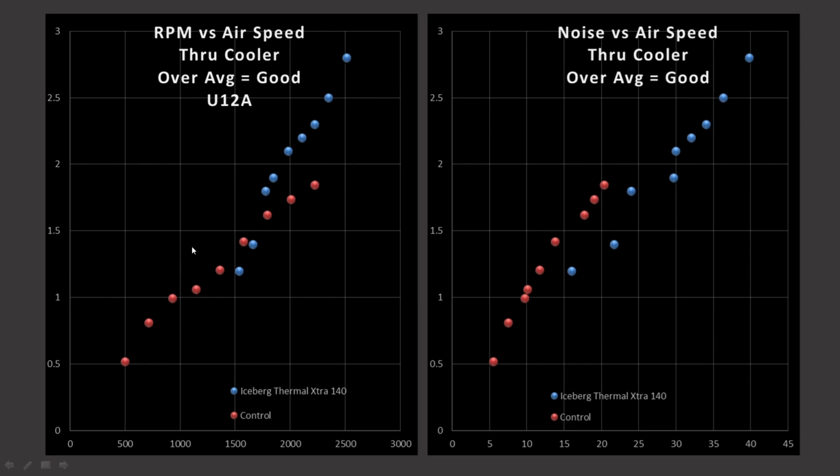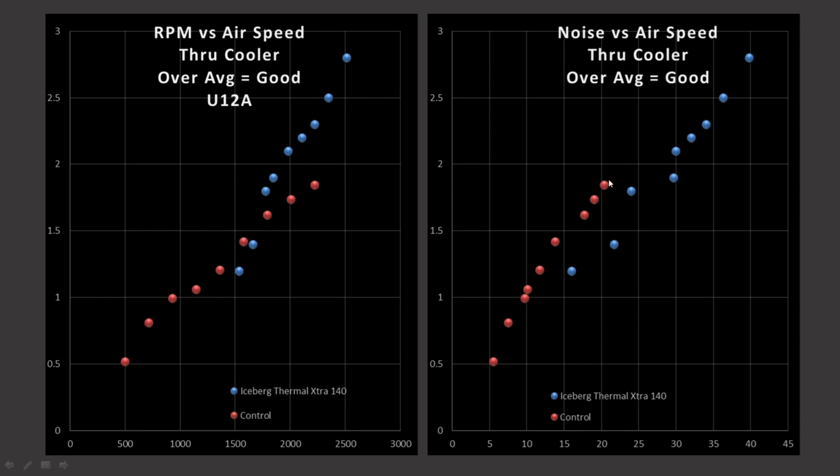Again, better fans are going to be top left, worse fans are going to be bottom right. So going back to the first graph, which is RPM versus airspeed, what do we see? Well, initially, it starts off at a very high RPM. It's underperforming my control fan, and then it just kind of blows it away. So its blade design is actually quite good, I would say. It's great at moving air. But when we take a look at the second graph, which is noise for that given airspeed, it's kind of bad, actually.